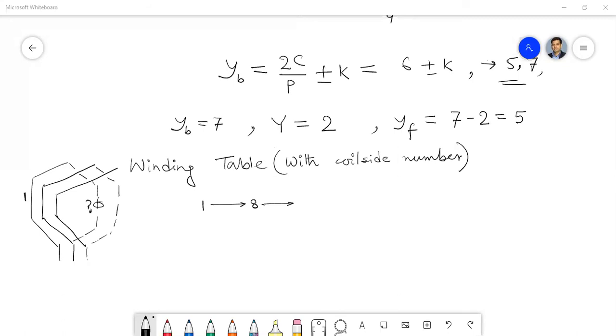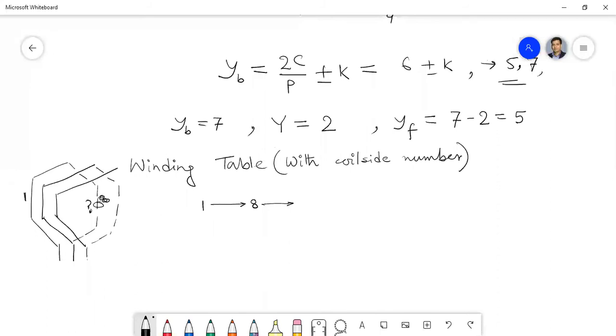So whatever I have written, that is the coil side. Coil 1 is complete, 1 and 8. That means coil 1 will go through the coil side 1 and it will return back to 8. So that is over.